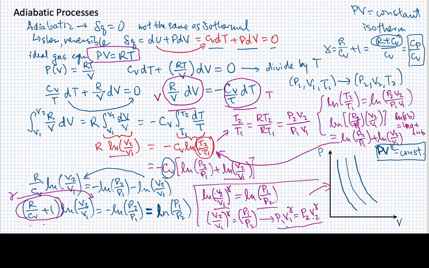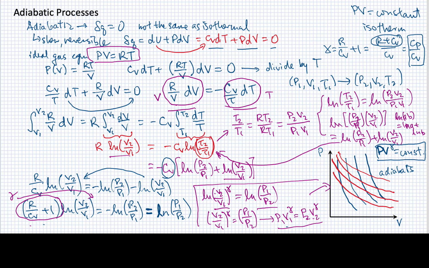Okay, so these would be what I will call adiabats, which represent curves where there is no heat exchange with the environment. And if I were to draw on this same curve what isotherms look like, remember those are also curves that come down, but they're not as steep. So they're going to look more like something like this.